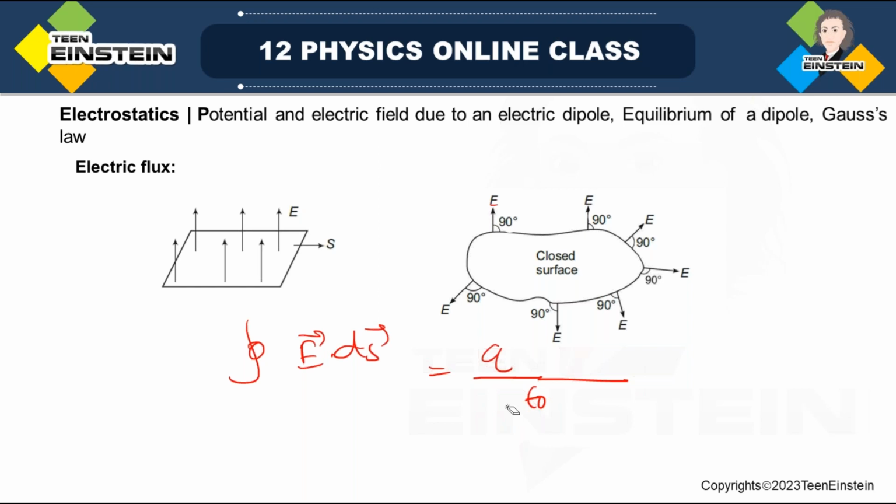In this case, on the left hand side, the electric field through the surface must be constant, and always directed perpendicular to the surface, along the area vector.